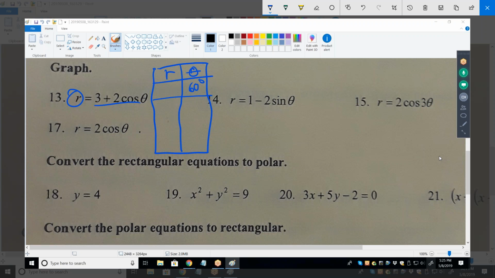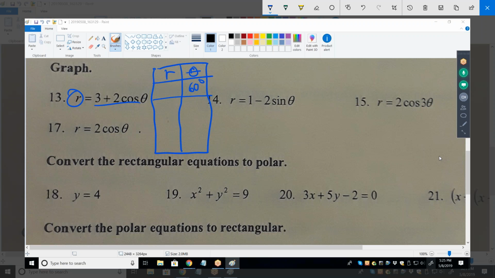What's cosine of 60 degrees, first of all? It's not √3/2. Here's a good thing to remember. The sine of 30 is the same as the cosine of 60.